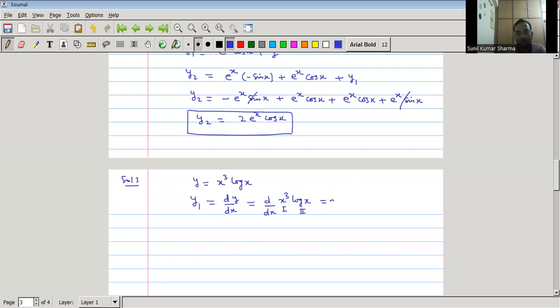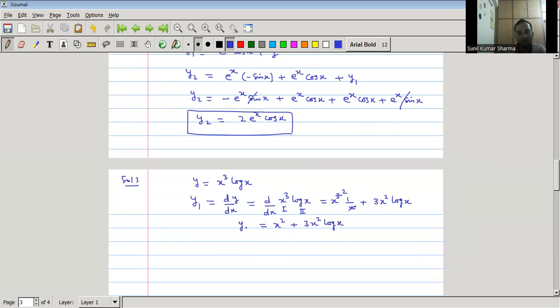So x cube times derivative of log x, which is 1 upon x, plus derivative of x cube, which is 3x square, times log x as it is. So x and x cancel out. So this is equal to x square plus 3x square log x.